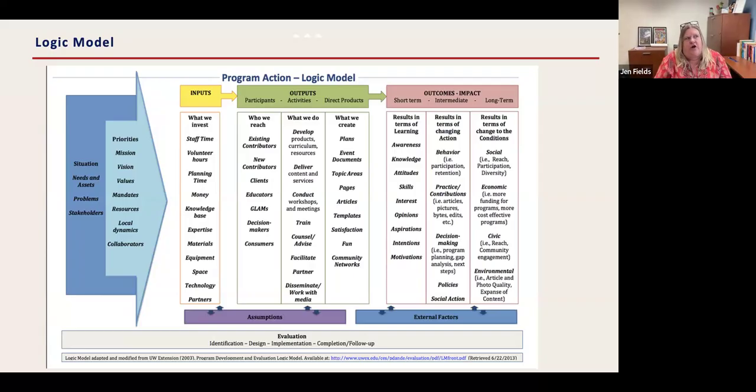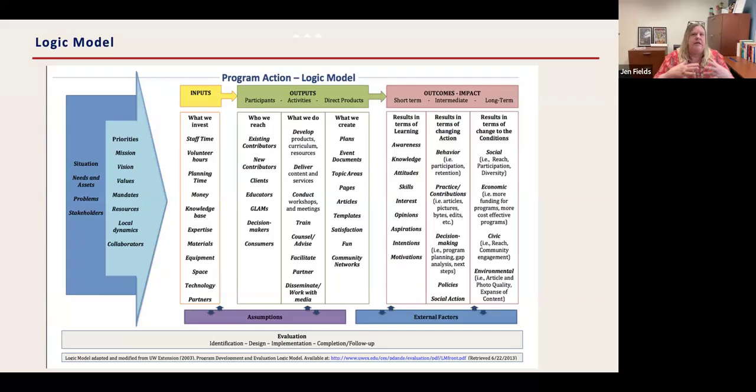So if you look at your short-term and medium-term outcomes, that's where the heart of your evaluation is going to live. In the short term, you're looking for perhaps changes in awareness or knowledge about something, changes in attitude, skills.